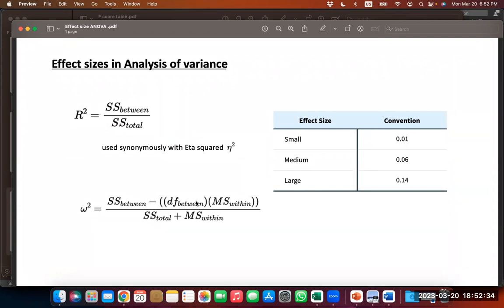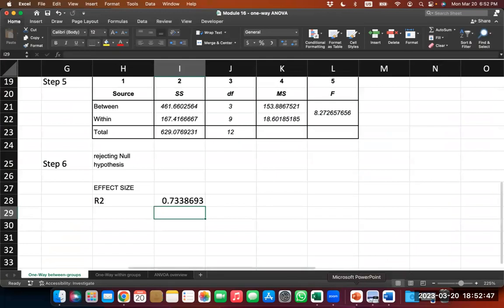So you're diminishing this from the estimate of the total variance, thereby getting a little bit more of a realistic estimate with many groups and with large variabilities. But we're not going to go too deep into this topic.